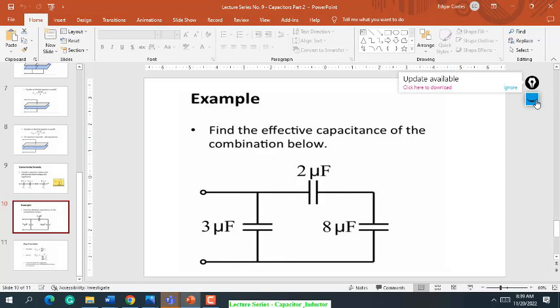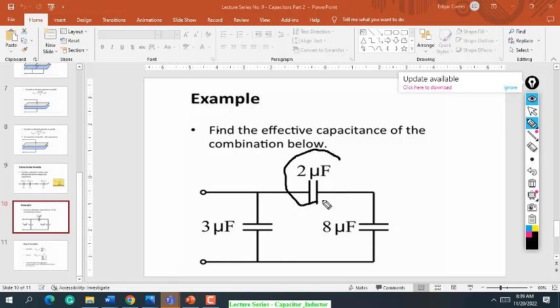So what you are going to do, if we inspect this, is that the 2 microfarad and 8 microfarad are connected in series, and then the resultant of that is parallel to the 3 microfarad. So you treat this like a parallel in series circuit.